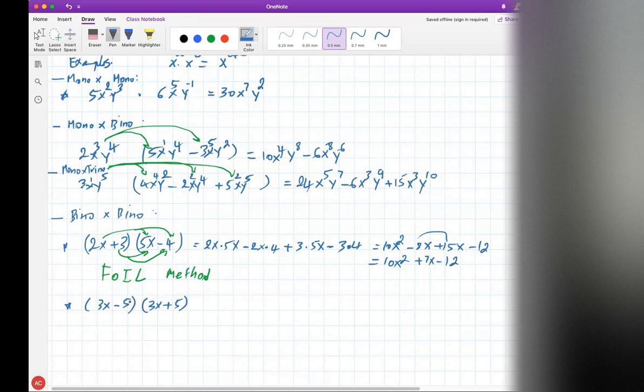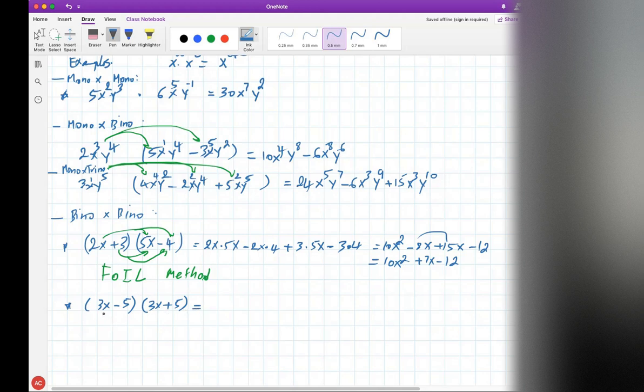Actually, based on it, we're going to conclude the formula. We're going to conclude a formula that we can do quickly without doing all these steps. Without doing all these 3 steps, we can actually do this in one step using a special formula. You may know it. Some of you may know it. So let's work it out first like this, and then we're going to conclude the rule that we can use every time. Only if you have the same numbers, but with different signs. Different, not the same signs, different signs. Something special is going to happen.